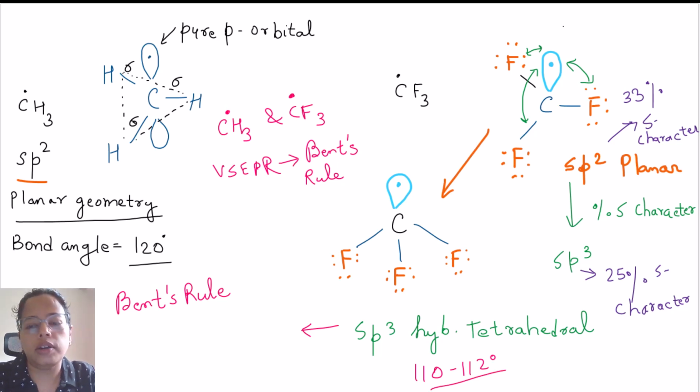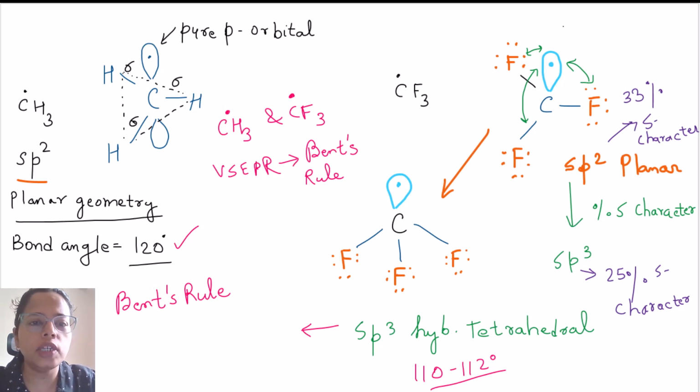But it is much less than the trigonal planar bond angle of 120 degrees in CH3 radical. So you can see one more difference here, that the unpaired electron of the carbon free radical in CF3 resides in the sp3 hybridized orbital.